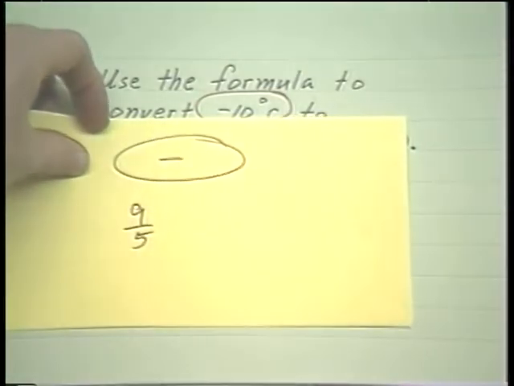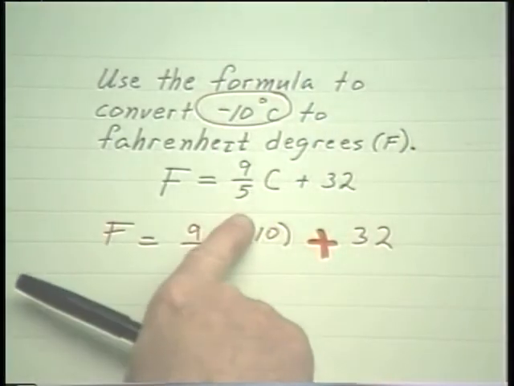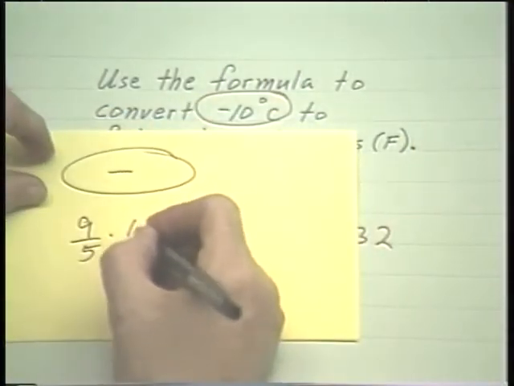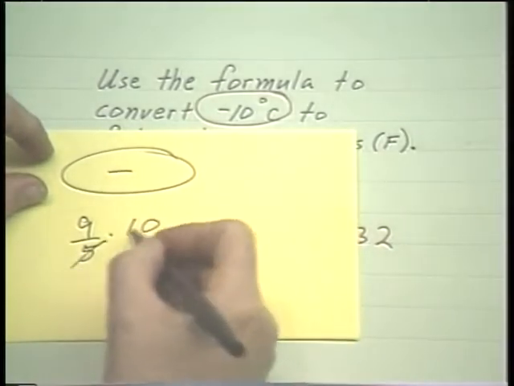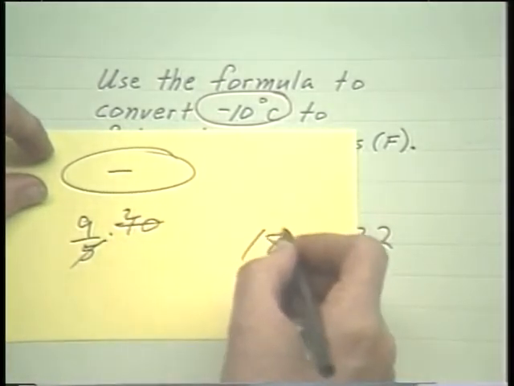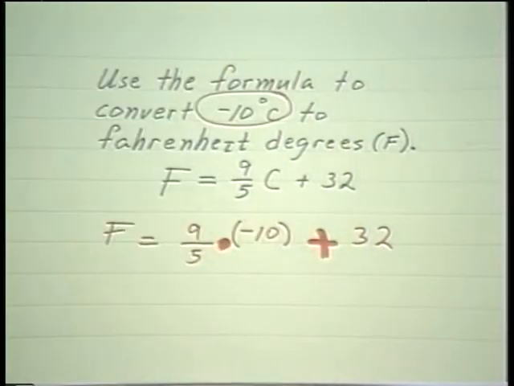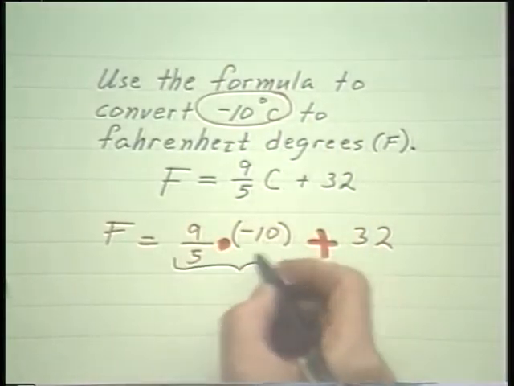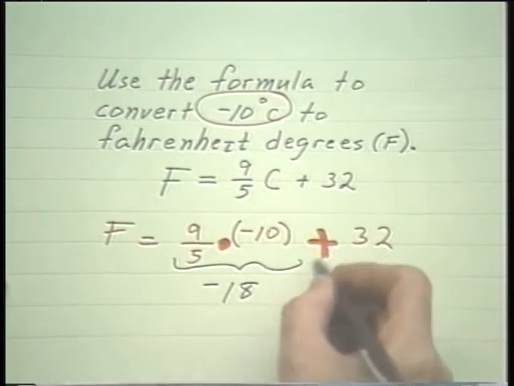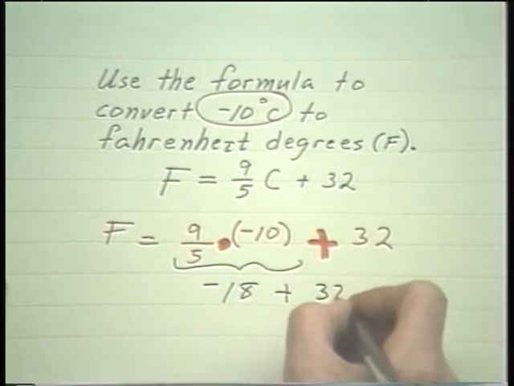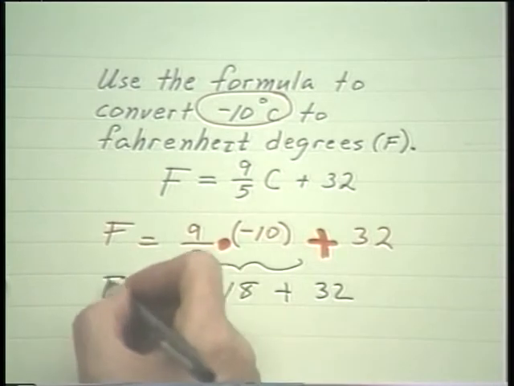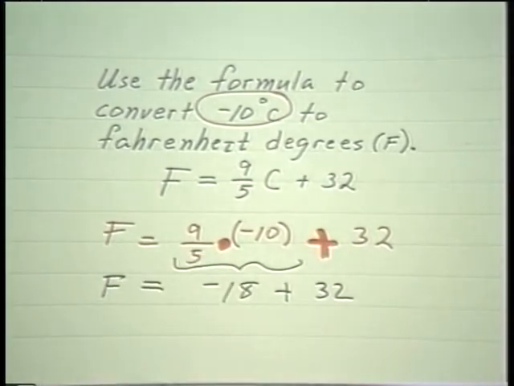Now just hold that in my mind. Times 10. Using the cancellation law, we get 18, but we decided ahead of time it was negative 18. So this arithmetic here was negative 18, and what's left is plus 32, and that's going to be my Fahrenheit degrees.